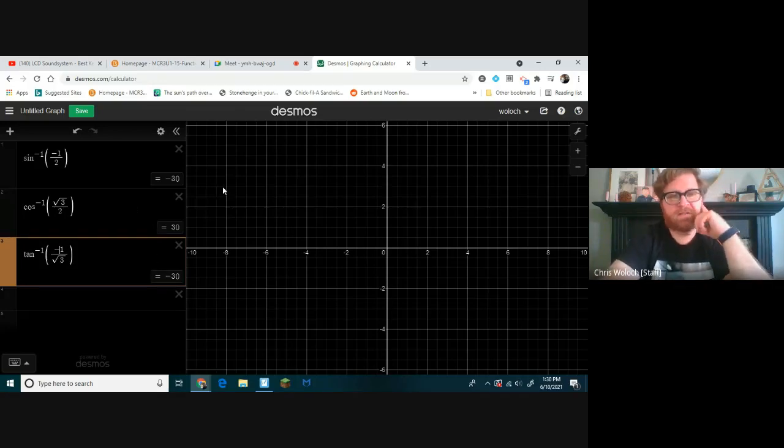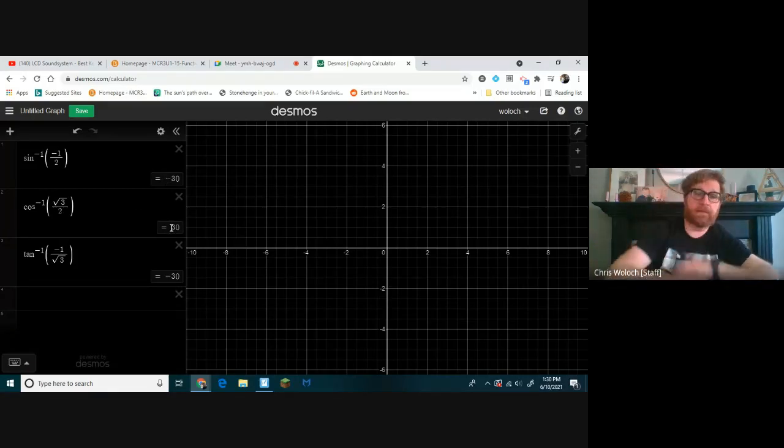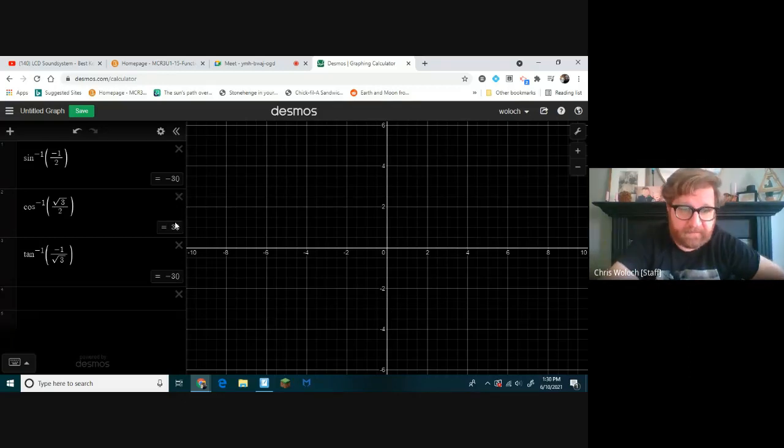If you look in this quadrant, when I use either of the ratios, sine and tan give me, essentially, the answers in quadrant 4. But all of these ratios, when I solve for theta, will give me the value of the related acute angle. Here, the negative just means the direction of the swing. Okay, this one is negative, this one is negative, this one's positive, but they're all 30.